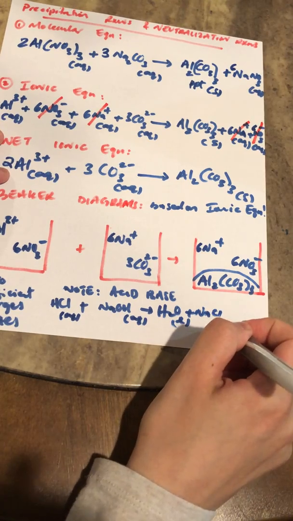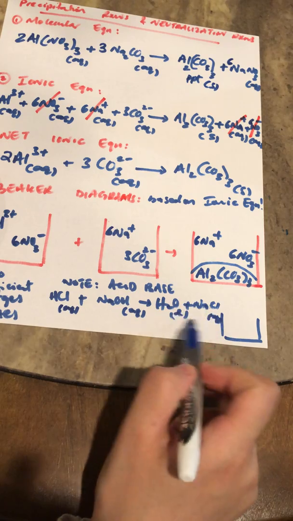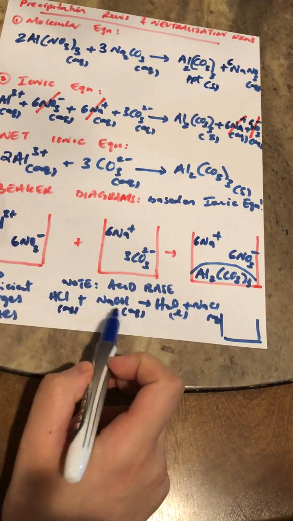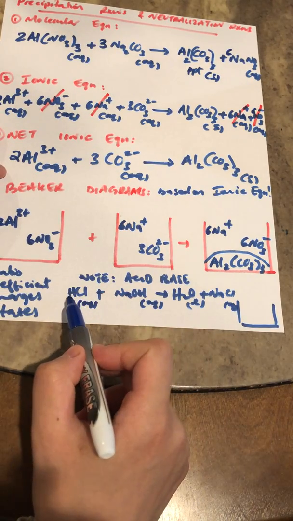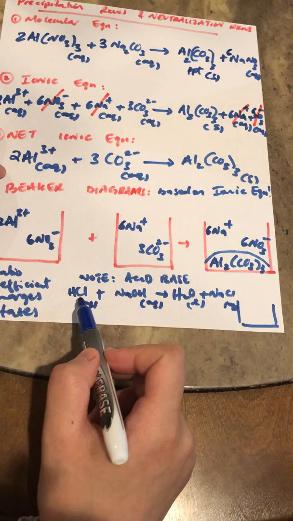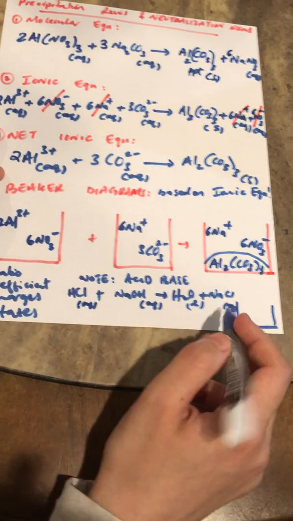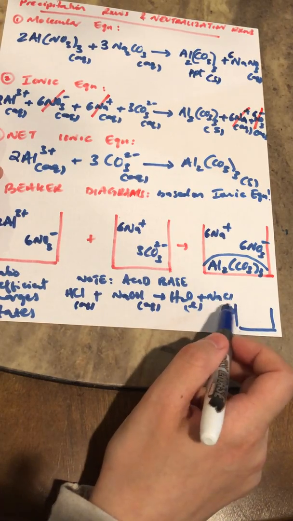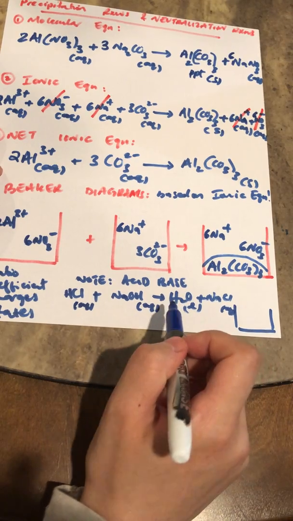Now, if you were to draw the beaker diagram of the product, I'm only concerned about the product because for the beaker diagrams of the reactants, you would still break down the H plus ion and the Cl minus, and the sodium plus and the OH minus ion. But a lot of students get confused over here with the water and the sodium chloride. They always get confused on what to do exactly with the water.